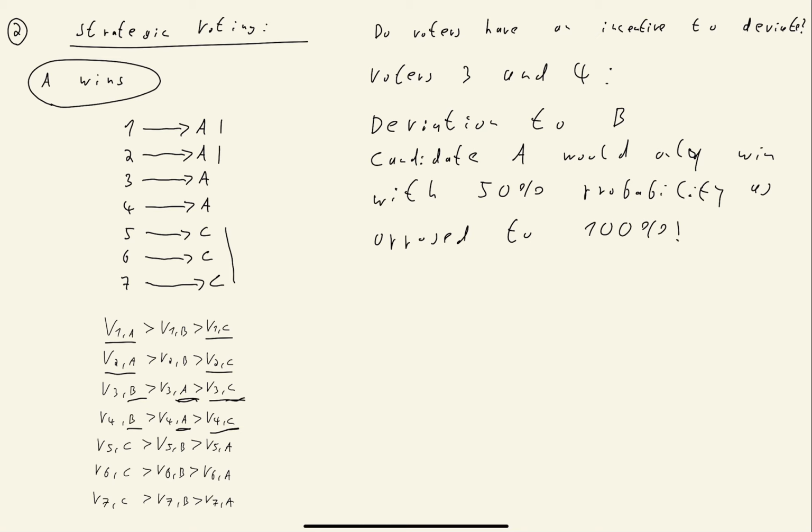And since they prefer A over C, this deviation does not make sense for them. They would hurt themselves with this deviation, so they're not deviating to B.